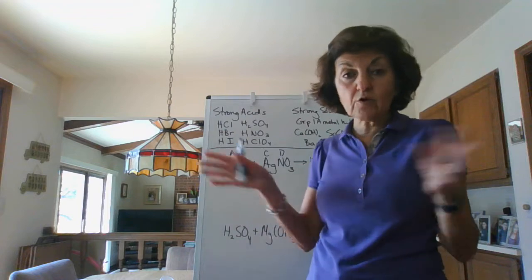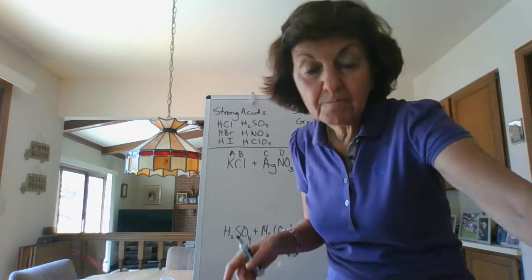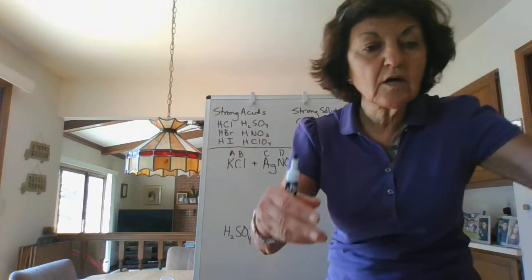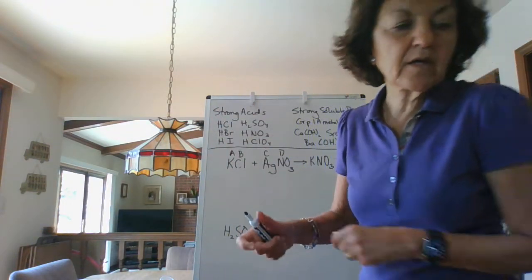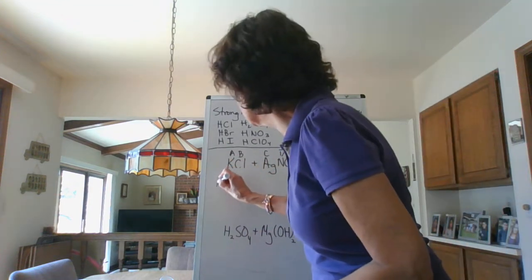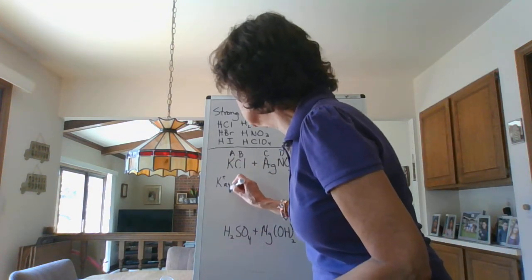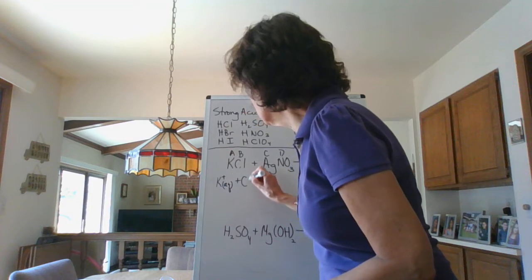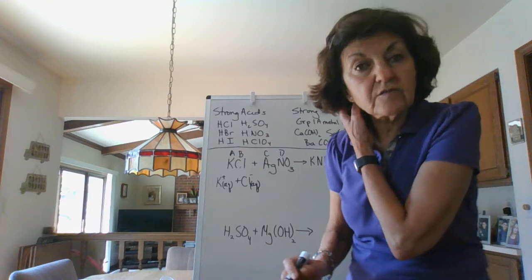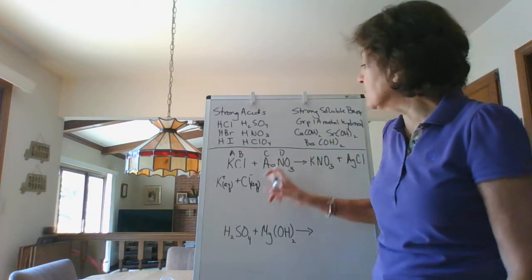And remember how we said all group 1A are always soluble. And if you don't believe me, go look at your solubility rules and you'll remember that. All right, so let's break this apart. So we go K plus aqueous plus Cl minus aqueous, just like we did at the end of the last video.